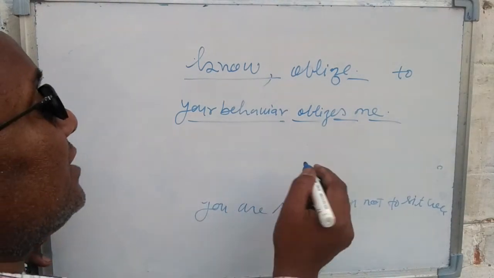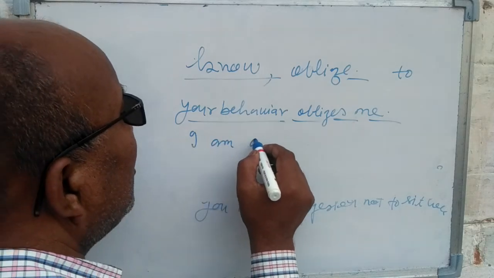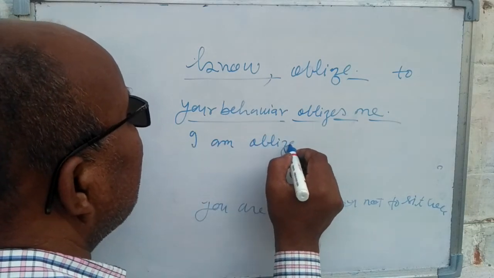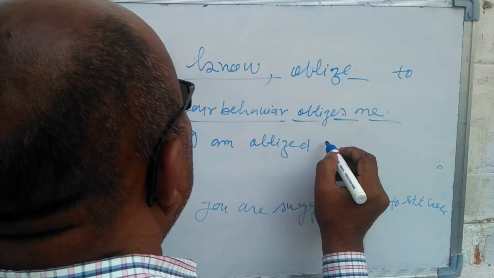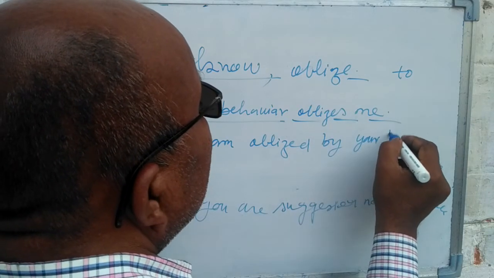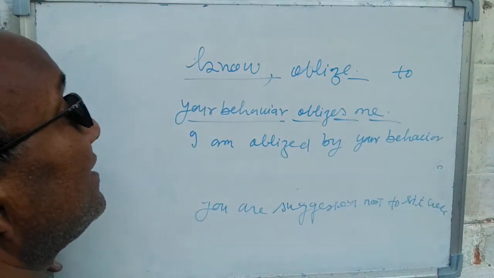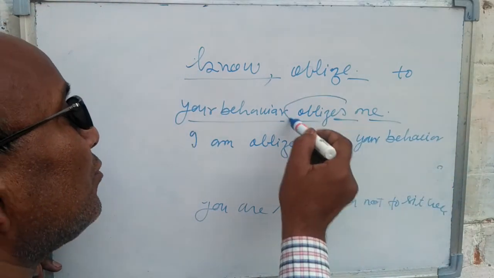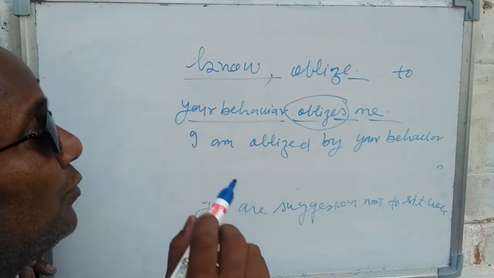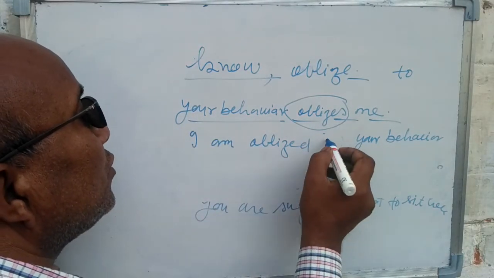The sentence should be, I am obliged by your behavior. But you see, here the verb is oblige. Therefore, in place of by, you will use to.